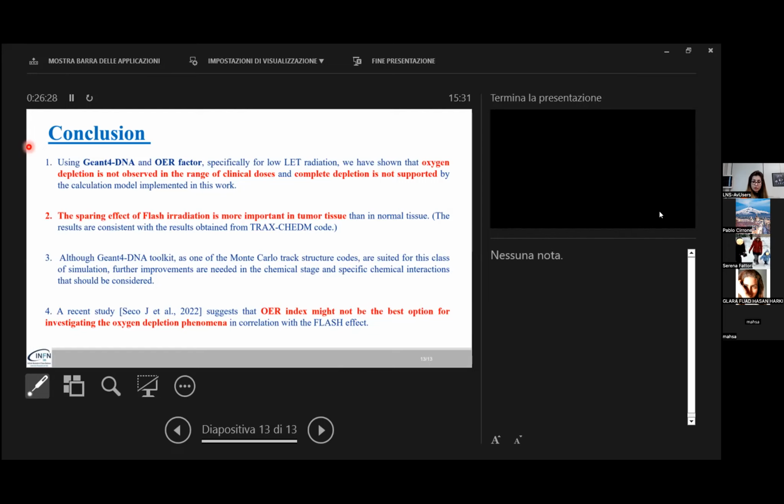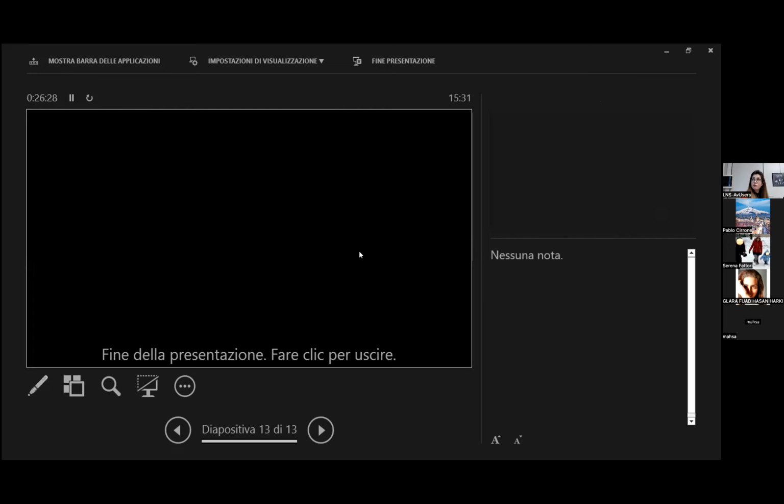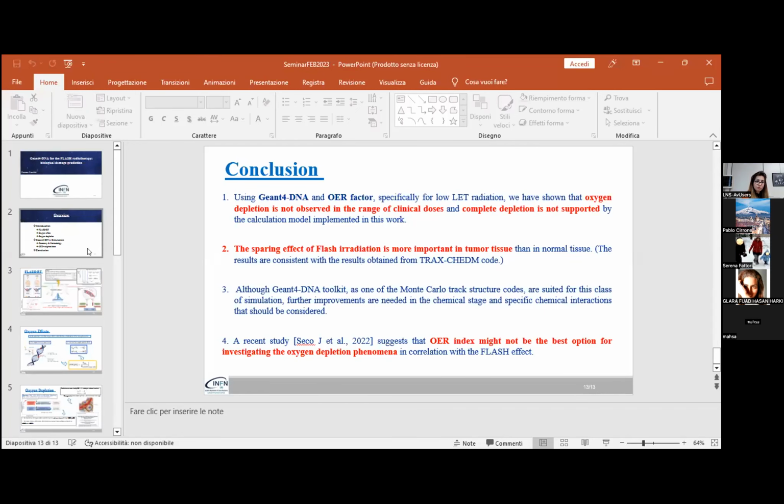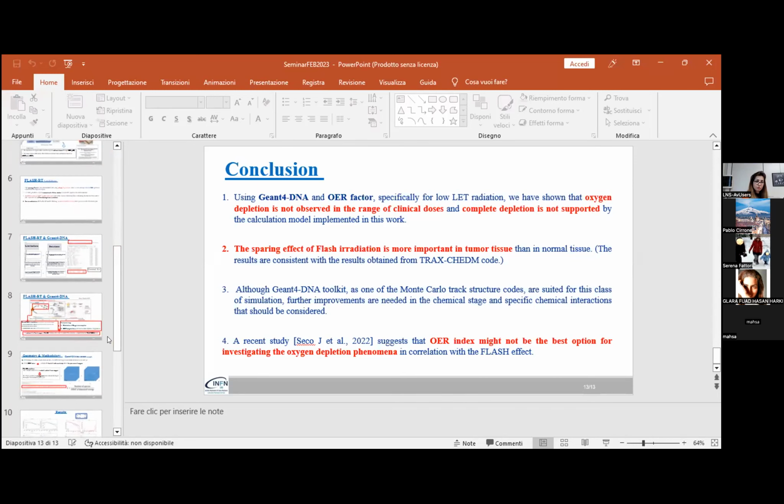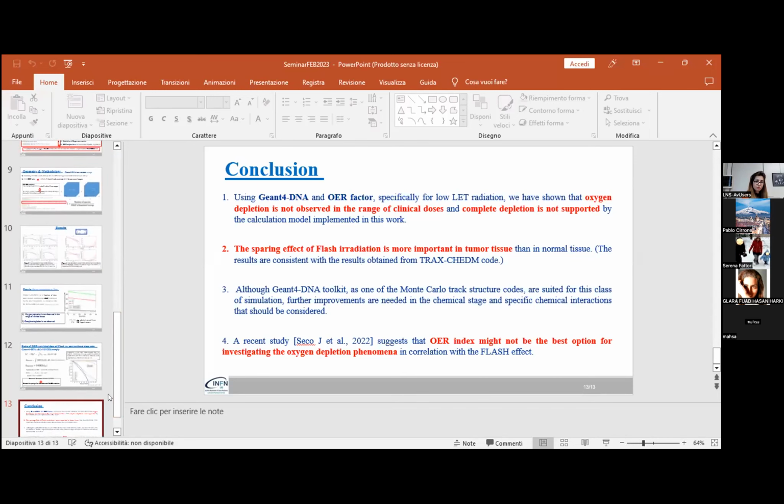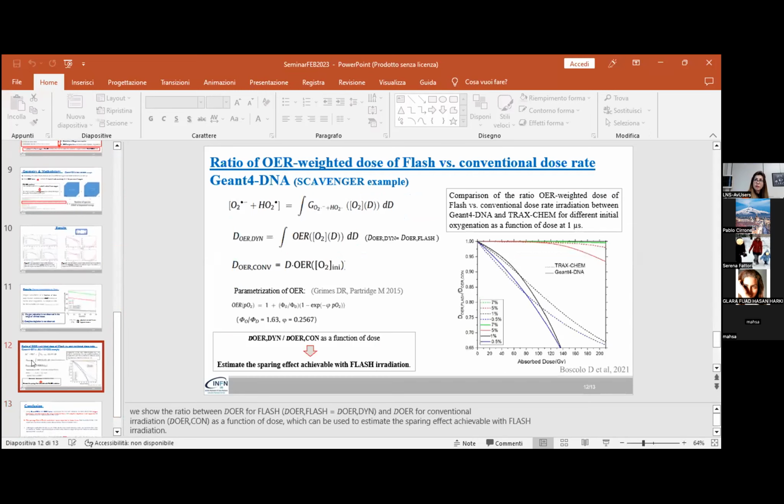Yes, because in this plot, the normal tissue is 7 and 5%, around the top, and this one is the tumor.